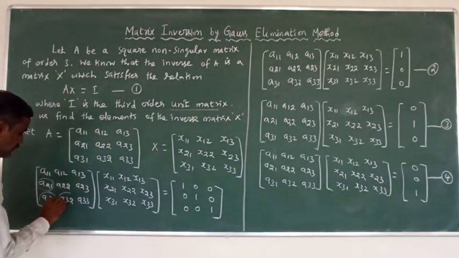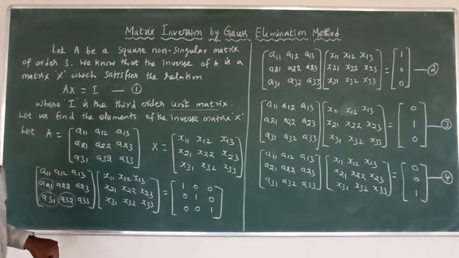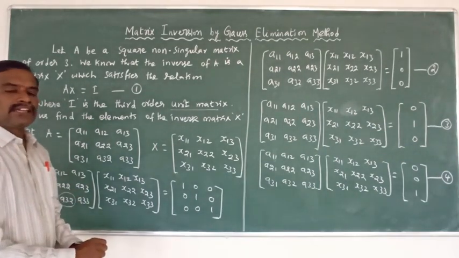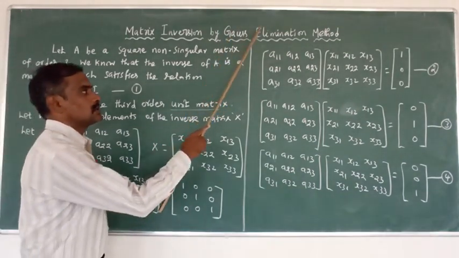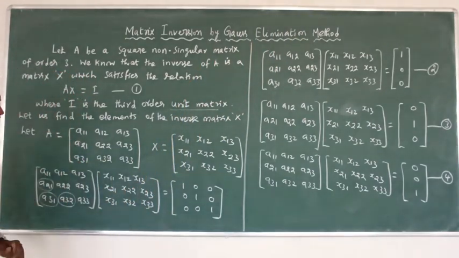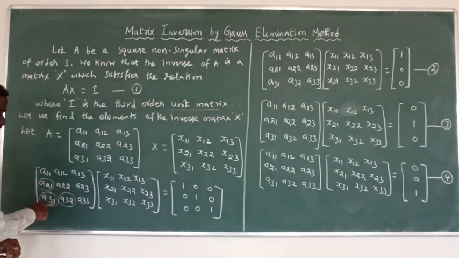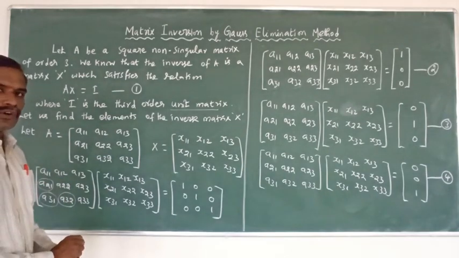Step number 2, make A32 also zero by using the Gauss elimination method. After that, A21, A31, A32, all three terms are zero.